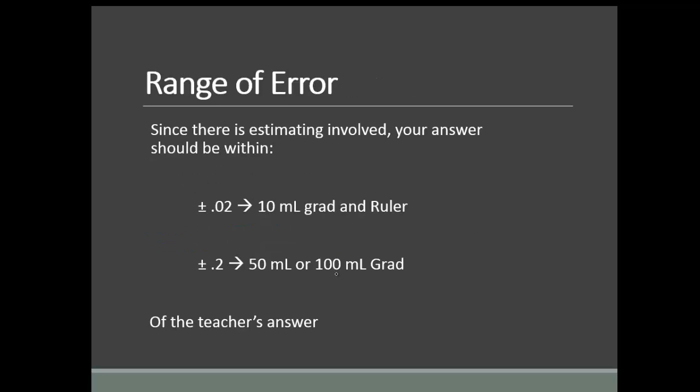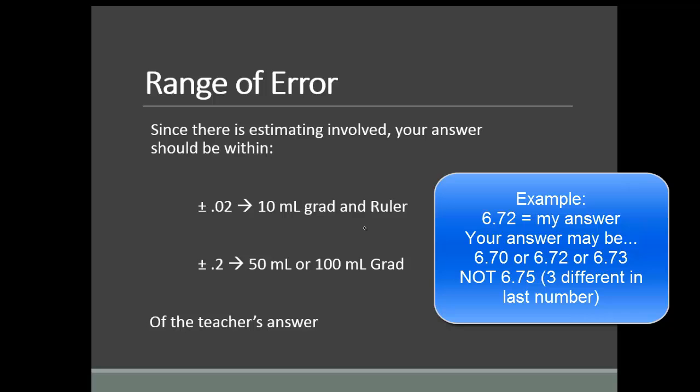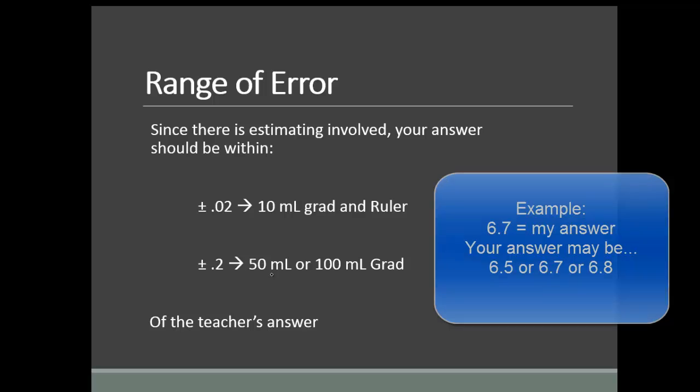Now, you're thinking, what if I don't estimate the same way you do? Well, your eyes are not the same as my eyes. We are not looking through the same set. So there is going to be times when my numbers don't exactly match your numbers. So since there is estimating involved, your answer should be within plus or minus 0.02 for the 10 milliliter grad and the ruler, meaning you can be 2 off of what my estimate is, either above or below, or 0.2 for the 50 mil or 100 milliliter grad.